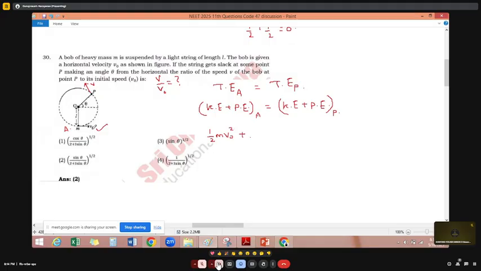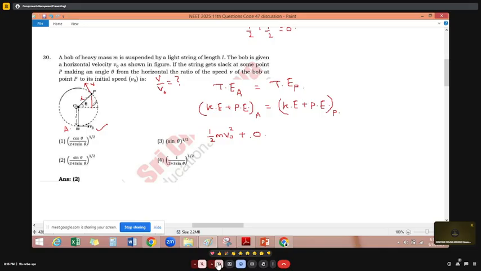What is potential energy at the bottommost point? Anybody? Potential energy at the bottommost point will be taken as zero because this height will be taken as the reference, which means here the height is zero. So this is L and this is theta.